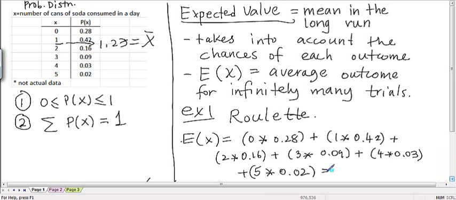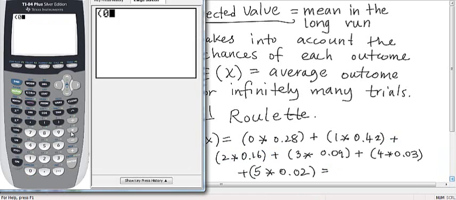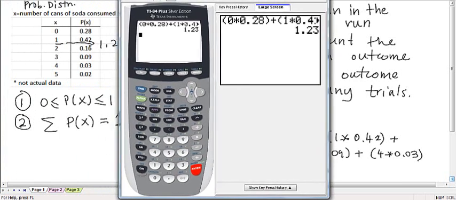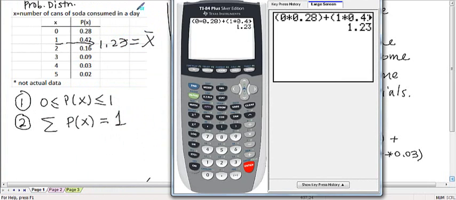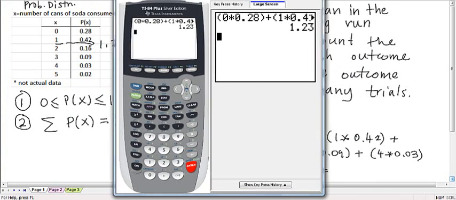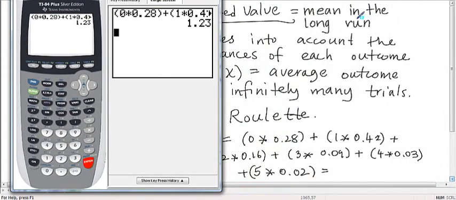If you plug this into the calculator and hit enter, you'll get 1.23, which is the exact same thing we got before as the mean. Remember when we did one variable statistics on these lists, we got 1.23 as the mean. So that's what we get as the expected value here. You can see that the expected value really is the mean in the long run.